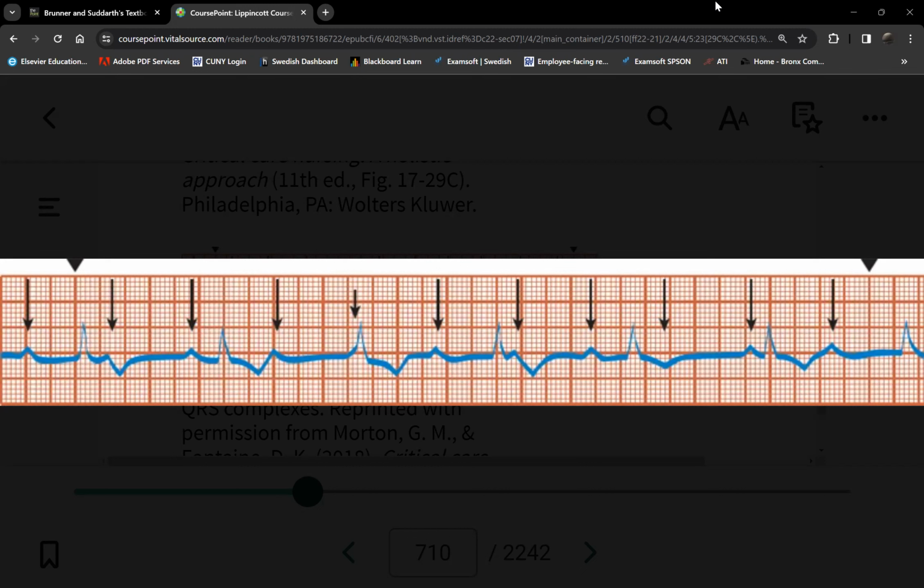But is there a P wave before every QRS? PQRST, PQRST, P, there's nothing here. Okay, occurred later. P, QRST, PQRST, PQRST. That one didn't have a P.